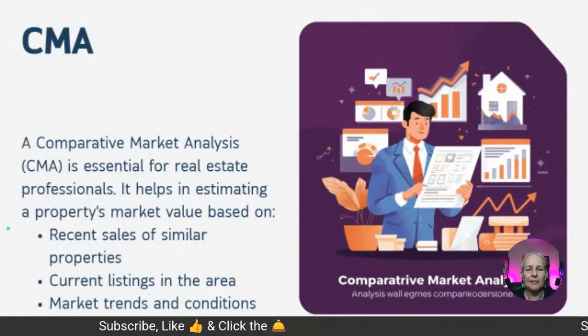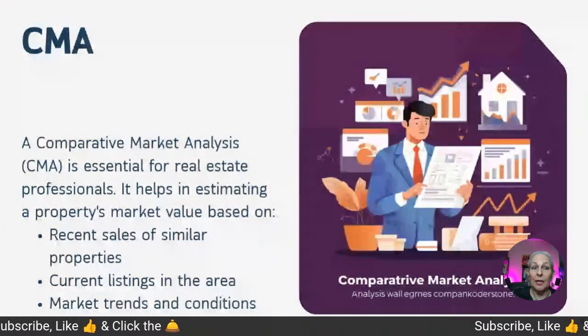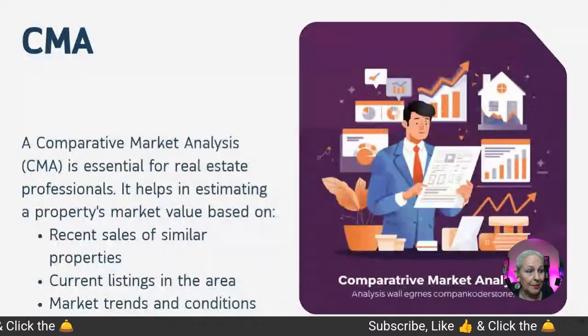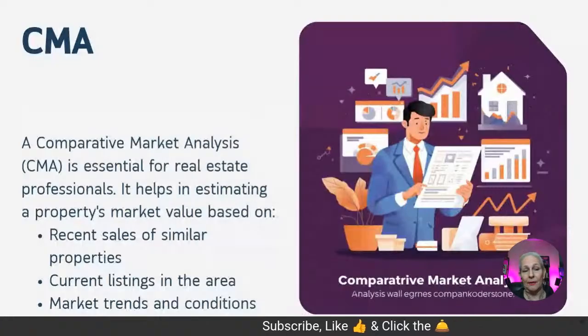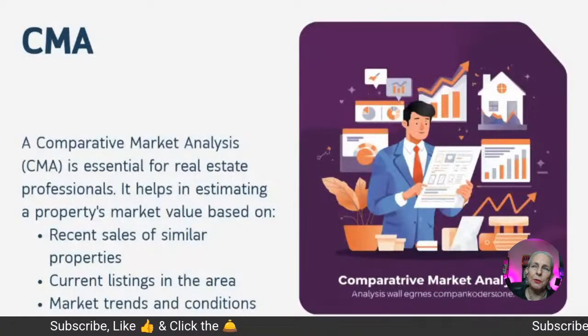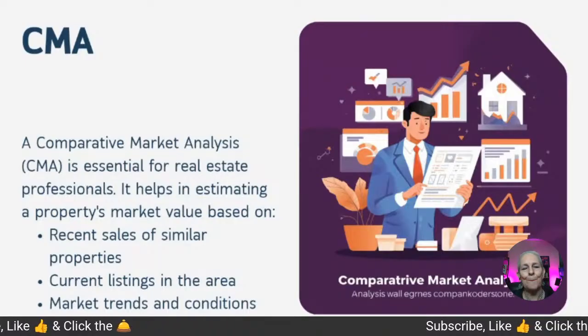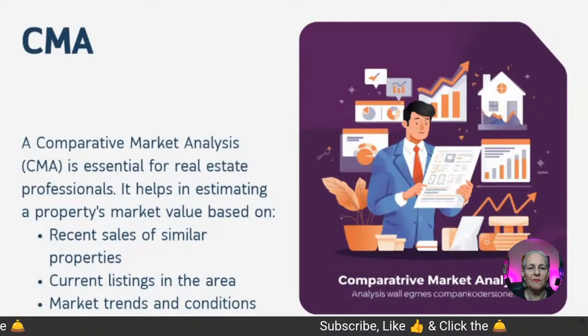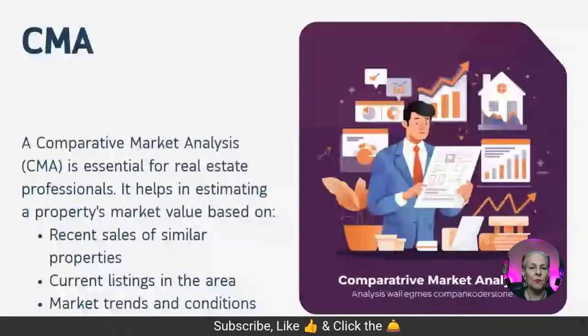Okay, what is the CMA? You're going to do a lot of these. We do a lot of these when we're dealing with sellers and with buyers. A comparative market analysis. There's two different kinds, a comparative and a competitive. The comparative market analysis is essential for real estate professionals.